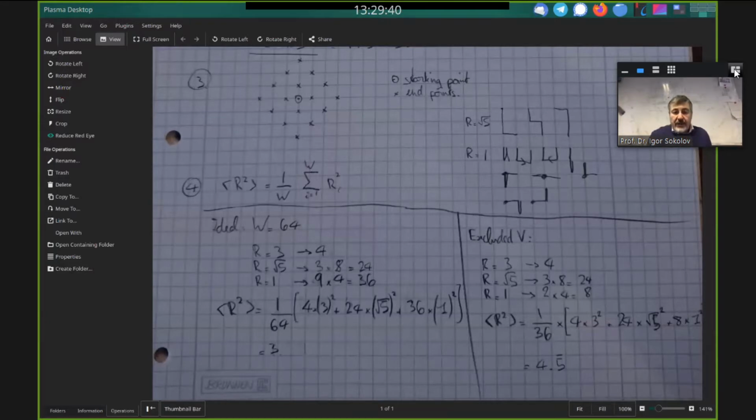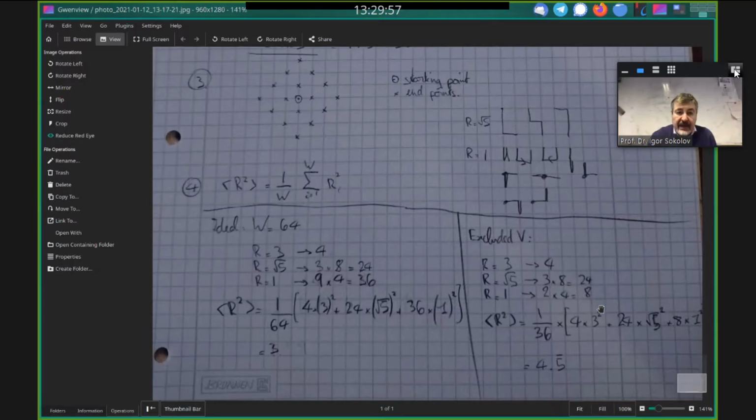So we can compare the number of configurations, let's say for r equal to 3 here, and we have 9 configurations in the beginning. You have 9 configurations for the simple random walk.